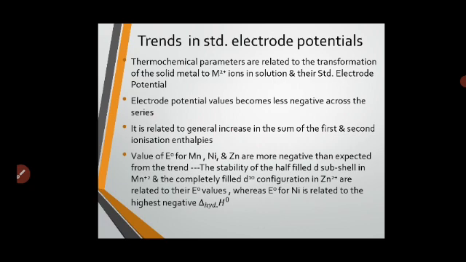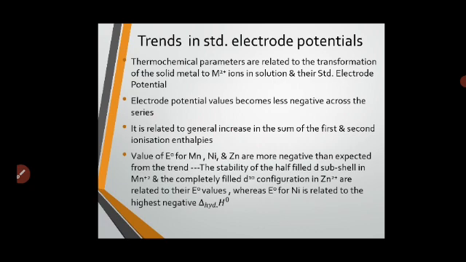Now, for example, the value of E naught for manganese, nickel and zinc are more negative than expected from the trend. Give reason, or such a question can be asked for why.